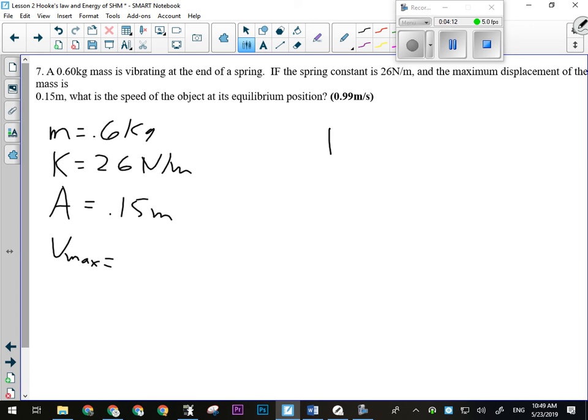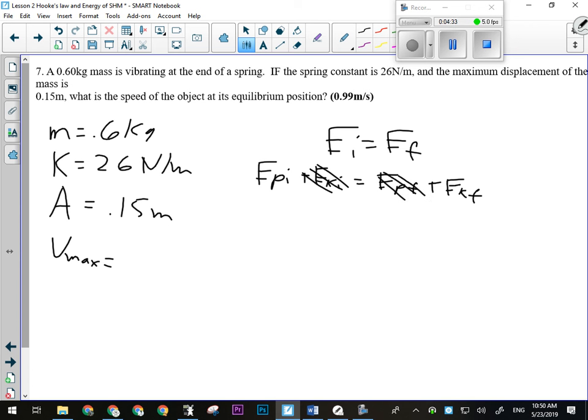All right, so E_i equals E_f, which would normally mean EP_i plus EK_i equals EP_f plus EK_f, except that in this question, they specifically said the first point is at the maximum amplitude where there isn't any kinetic energy, and the second point is how fast is it going at equilibrium where there isn't any potential energy.